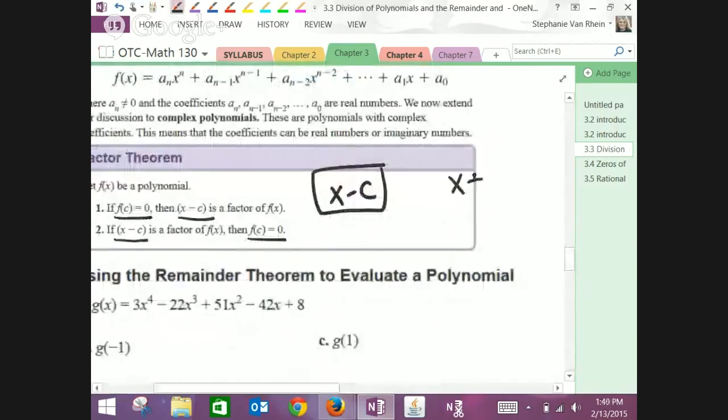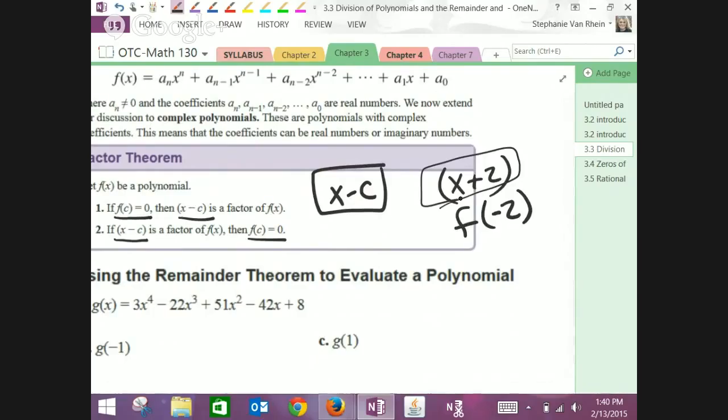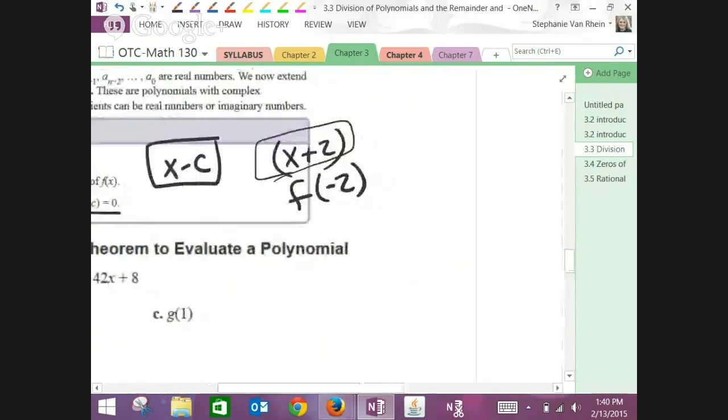So if I said x plus 2, what am I plugging into the polynomial? I'm plugging in minus 2. I plug in the value of x that would make that 0, right? You have to be a little careful on that, because sometimes students will just take the number. If it was x minus 2, it would just be 2. But if it's x plus 2, you plug in minus 2, because you're looking at what value of x would make that 0.